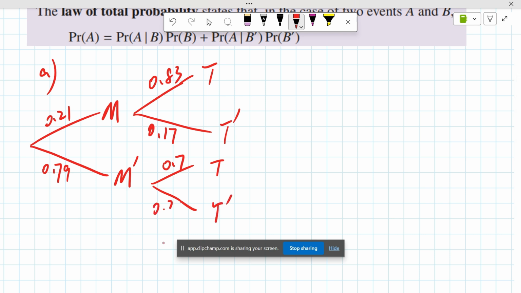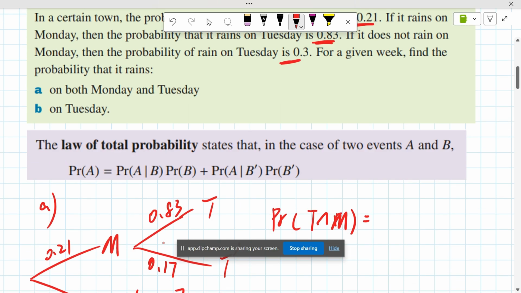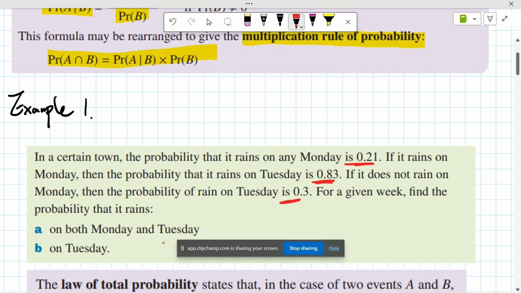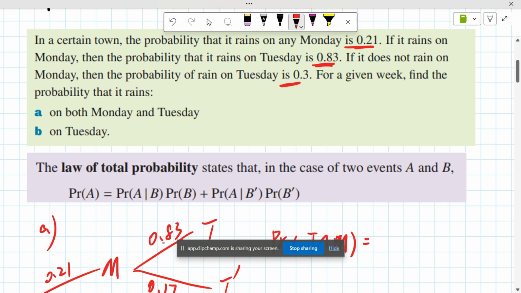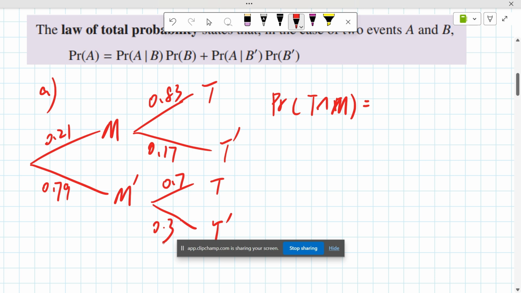So the probability of T intersect M, we can use A given B multiplied by B, which is 0.21 multiplied by 0.83.